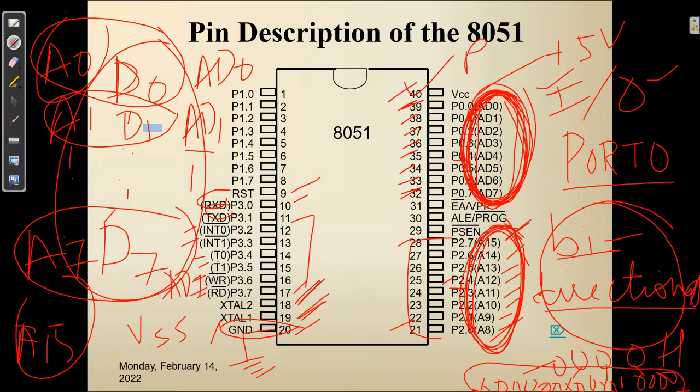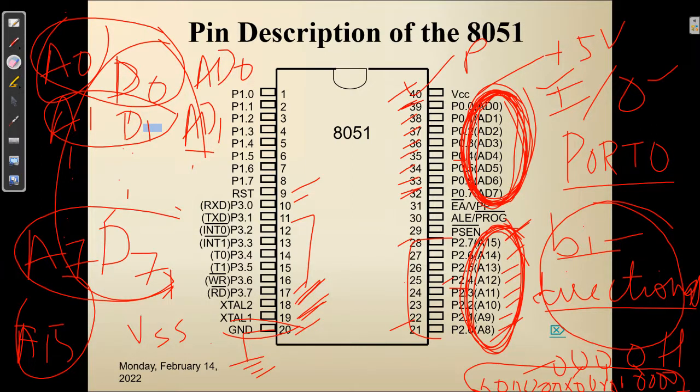Along with that, the alternate function is this: RXD, TXD, INT0, INT1, T0, T1, WR bar, RD bar. Okay, so what are these alternate functions? Let me take an example. See the port pin number 10.